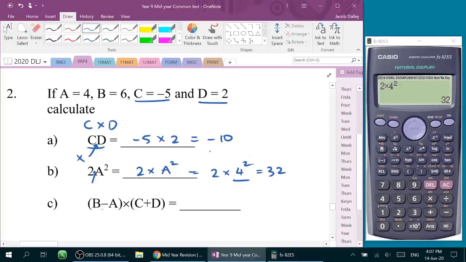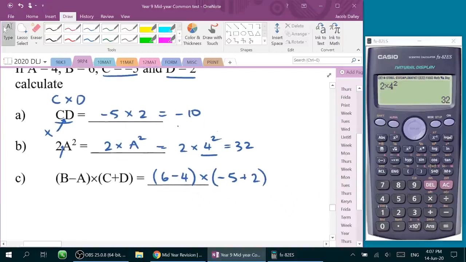Alright, so this next one, what we're going to put into our calculator is exactly this, but with direct substitution. So b is 6, a is 4. So we've got 6 minus 4 in that bracket, multiplied by negative 5 plus 2. If you're pretty confident with your BEDMAS, you can just do it in your head. So 6 minus 4 is just going to be 2, and negative 5 plus 2 will be negative 3.